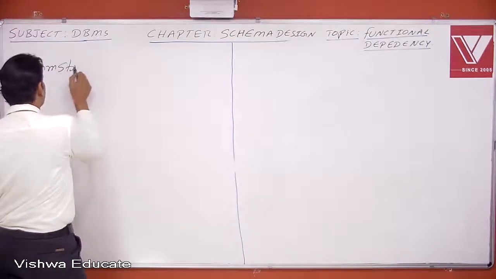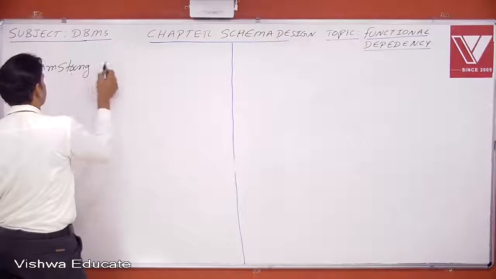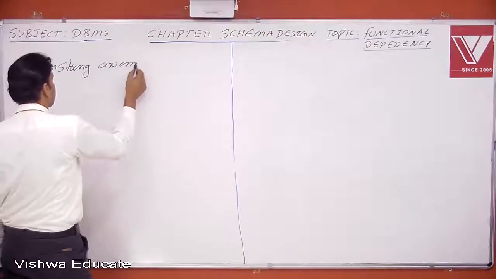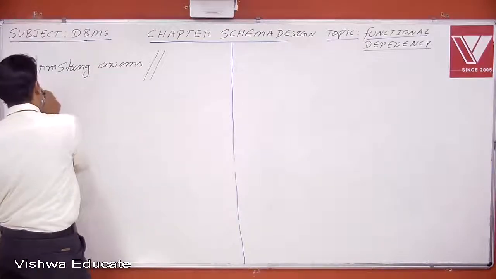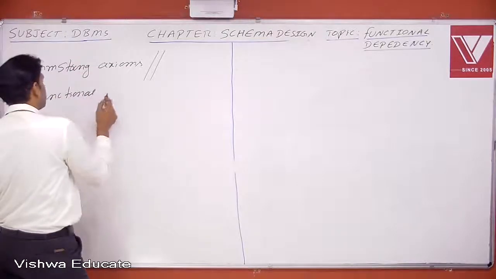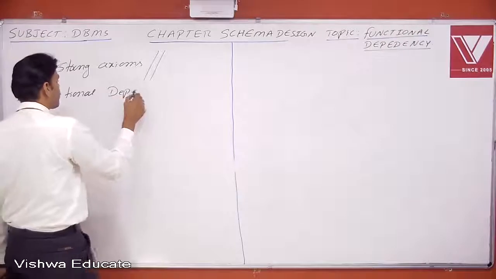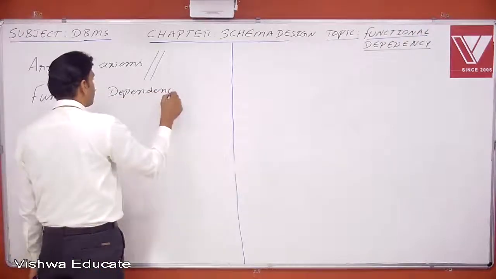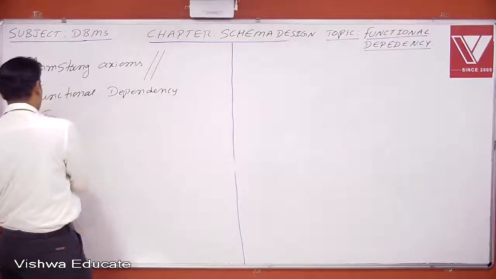As I told you, the Armstrong axioms are also known as functional dependency inference rules.